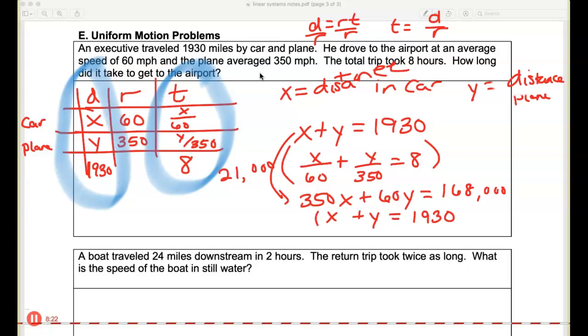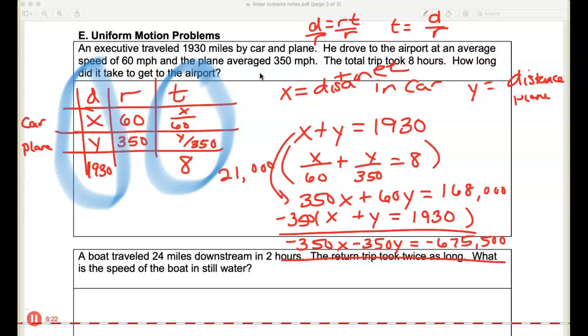Multiply everything by, let's say, negative 350. Sorry, I'm getting really sloppy here. So we got negative 350x minus 350y is equal to 1,930 times negative 350, which is negative 675,500.